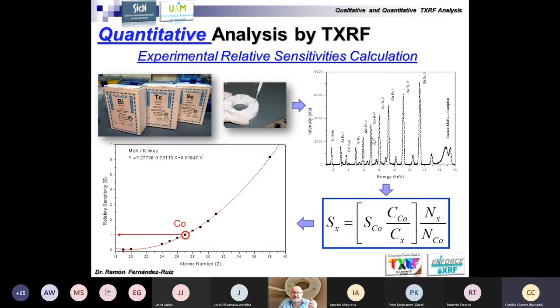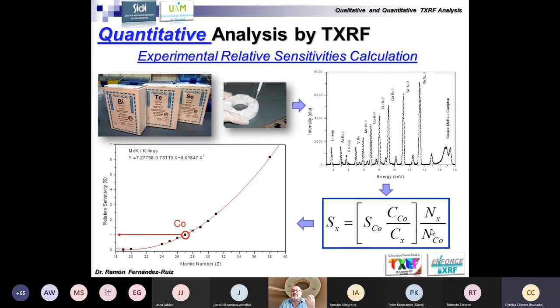In our case, for example, cobalt was normalized to 1, as you can see, and the sensitivity we normalize also to 1. Okay, so we are obtaining the relative sensitivities versus cobalt, really. The concentrations are well known because we have a very good standard, and for this it is important.